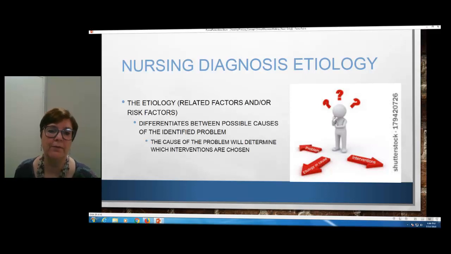That respiratory infection is the cause. That's what's causing the fever, the sputum, and the adventitious sounds in the lungs. So we can say that the etiology or cause of this patient's problem is the respiratory infection.